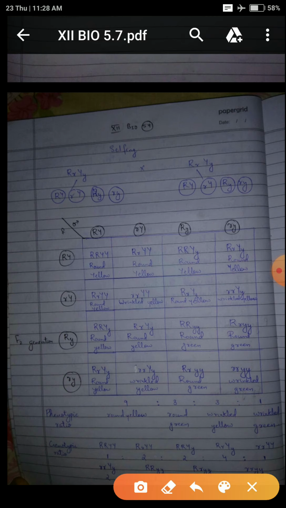Similarly, capital R capital Y with small r capital Y gives capital R small r, capital Y capital Y. Round is dominant and yellow is dominant, so it is also round yellow. Next, capital R capital Y with capital R small y gives capital R capital R, capital Y small y.